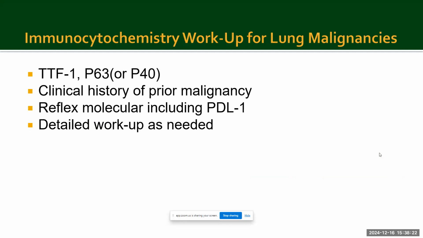Like I mentioned earlier, I try to economize my immunostains as much as possible so that I can reflex molecular, including PDL1. And recently, we have also started doing HER2 studies. But if there is no clinical history, then my two or maximum of three go-to markers would be TTF1, P40, and CK7.